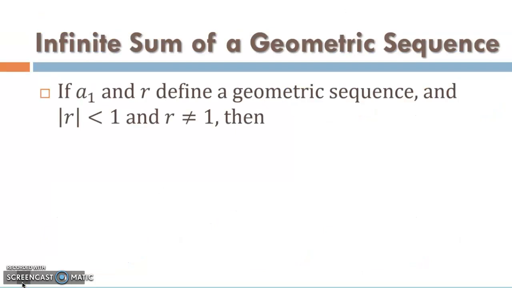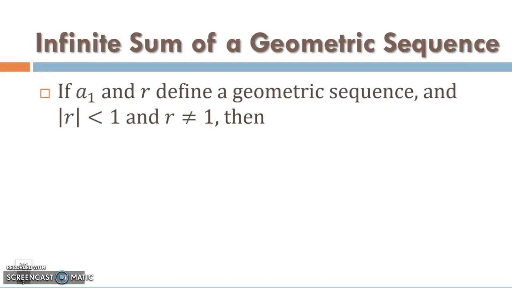The infinite sum of a geometric sequence: if A1 and R are defined in a geometric sequence and the absolute value of the common ratio R is less than 1. So R can't be 1. The absolute value of the common ratio has to be less than 1. Did you notice on the last portion we had a common ratio of 1/2, and that gave us an actual sum that we could find.